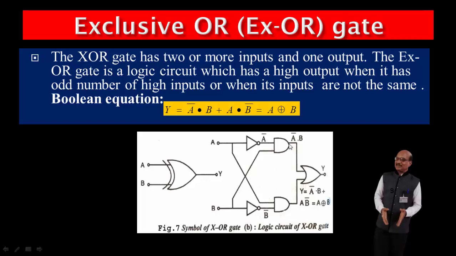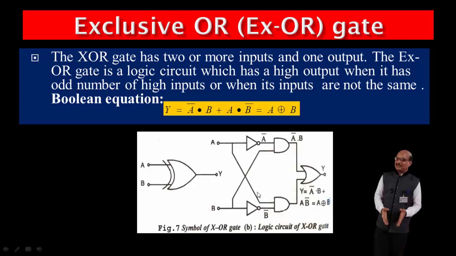Now the outputs of these gates must be ORed, plus OR. So I have used an OR gate here. So the final output will be Y is equal to A complement dot B plus, this is OR, therefore plus A dot B complement, or this is shortly written as A XOR B. So don't learn this diagram by heart.